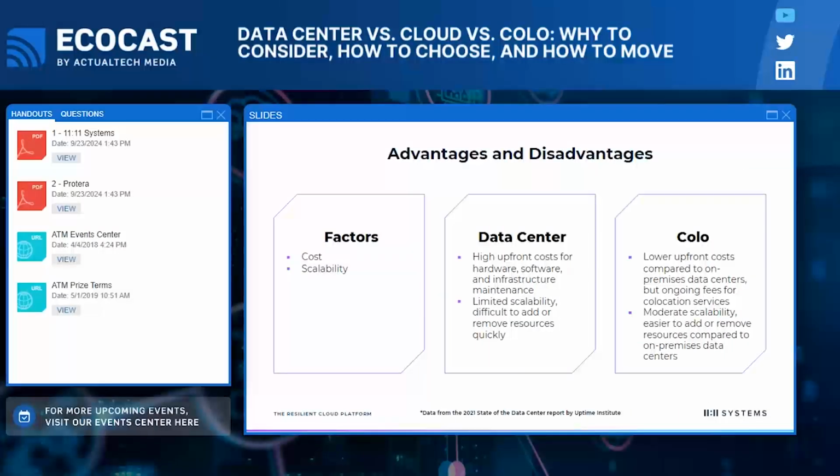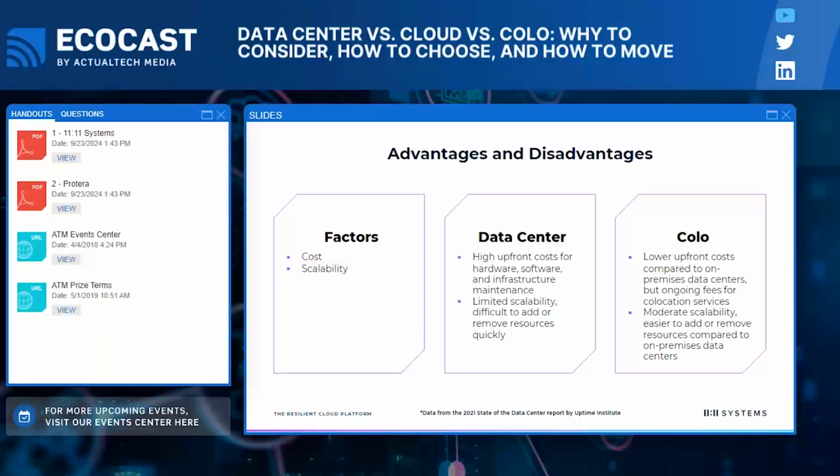So let's think about this from the perspective of advantages and disadvantages. Owning your data center, you have full control over the hardware, the software, and the security environment, allowing for maximum customization. For data security, you have control over your physical security and cybersecurity, making it easier to meet strict compliance requirements.